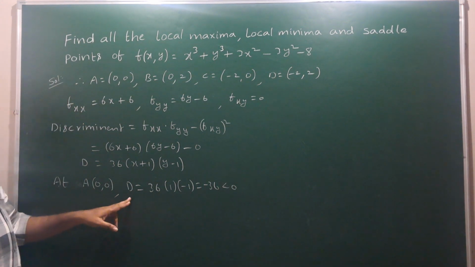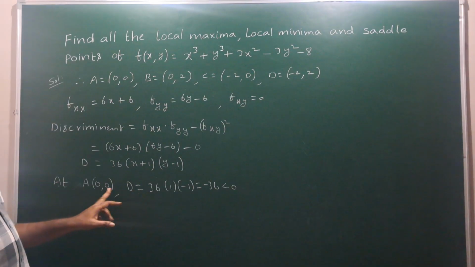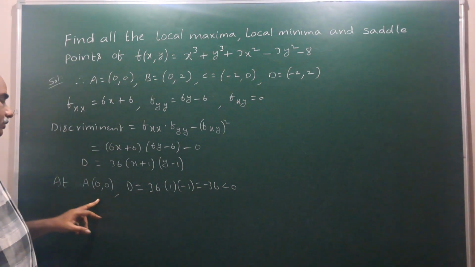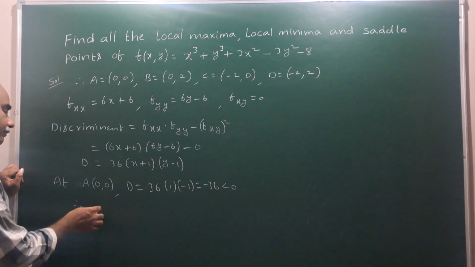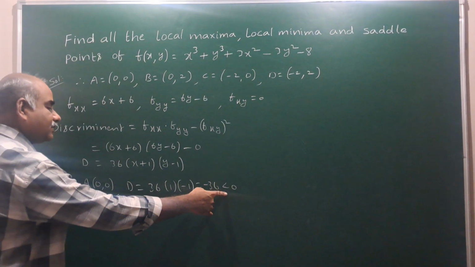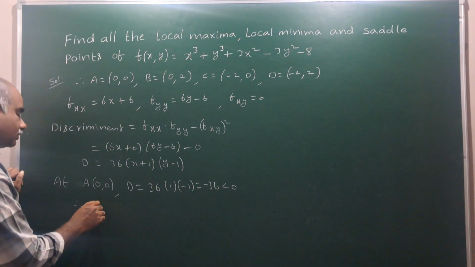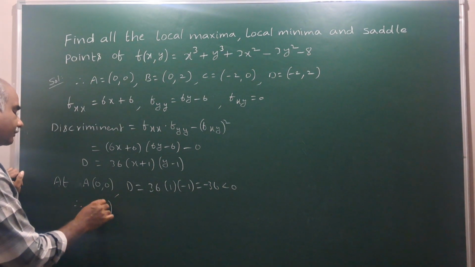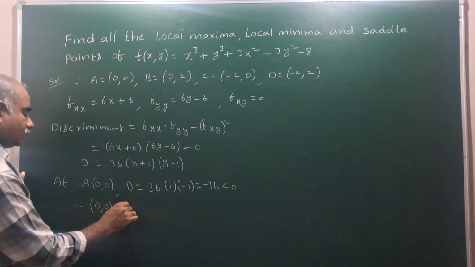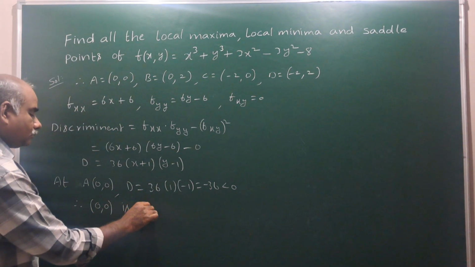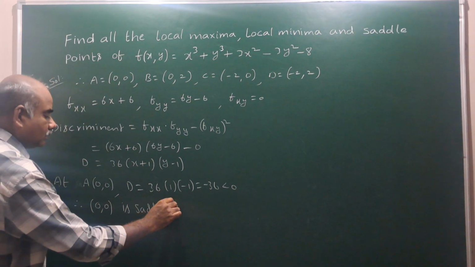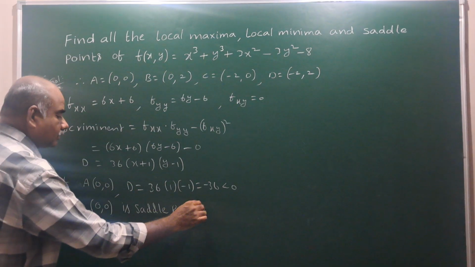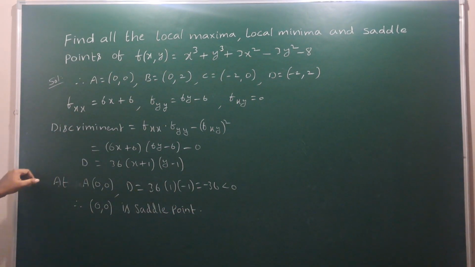If discriminant is less than 0, then the point is said to be a saddle point. Therefore, (0, 0) is a saddle point.